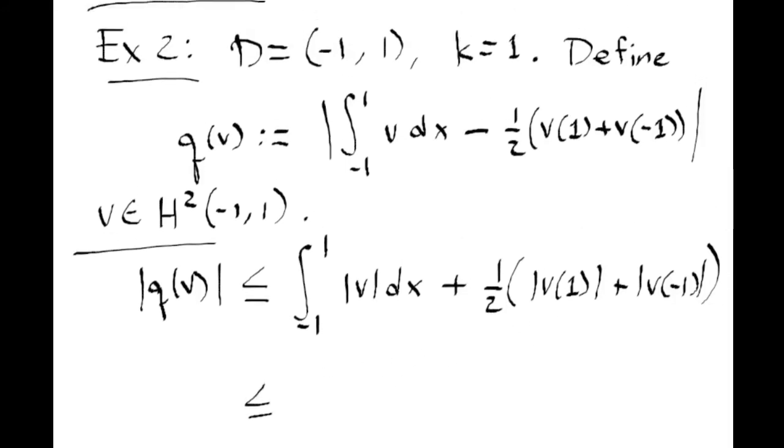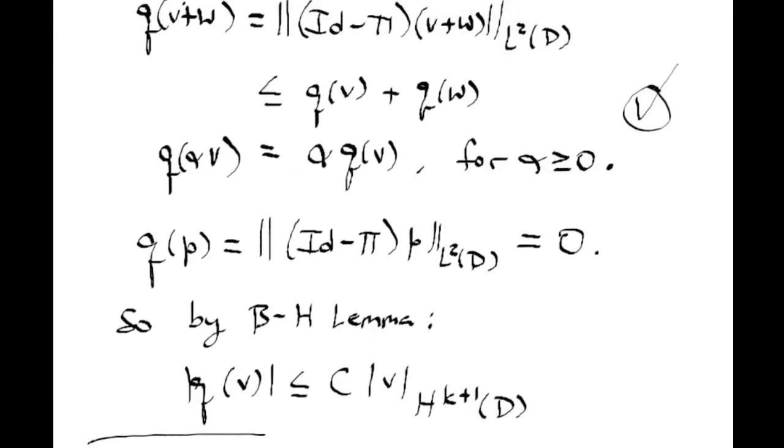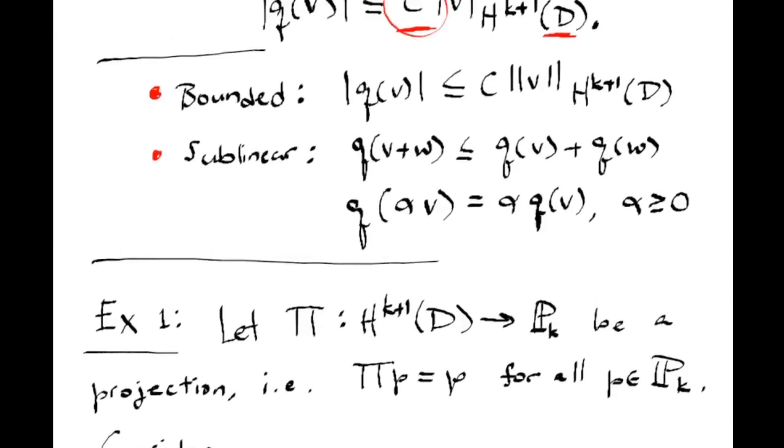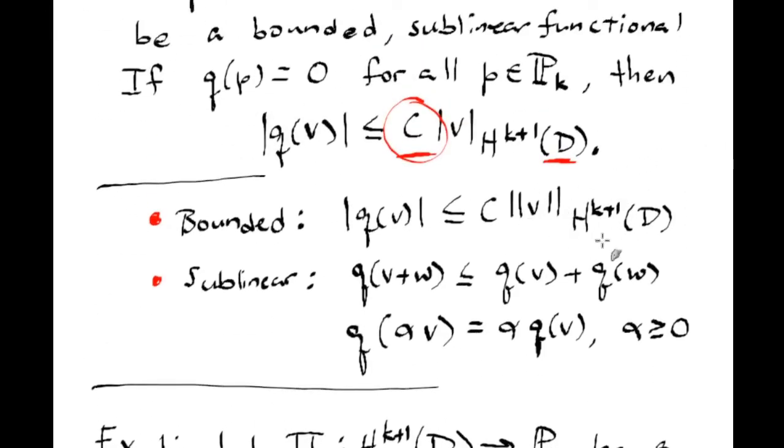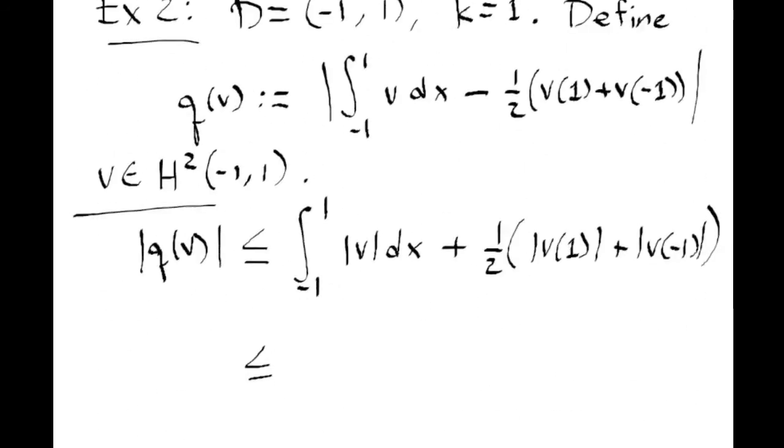Keep in mind where we're trying to go. We want to get to the H^{k+1} full norm. So in this Sobolev space, our functions are square integrable. So right now we have the integral of just v, but we want it to be v squared.